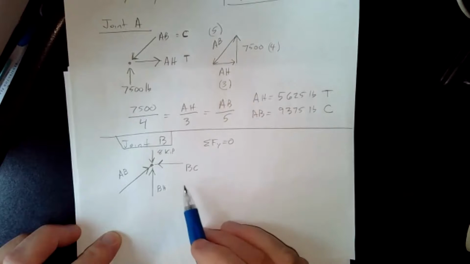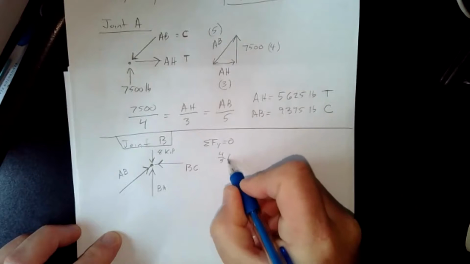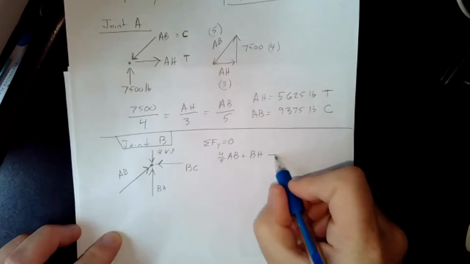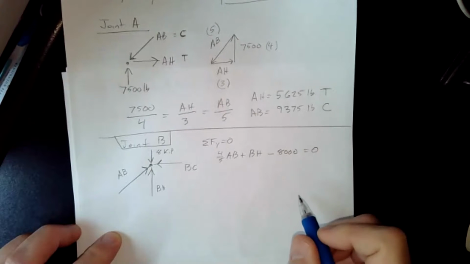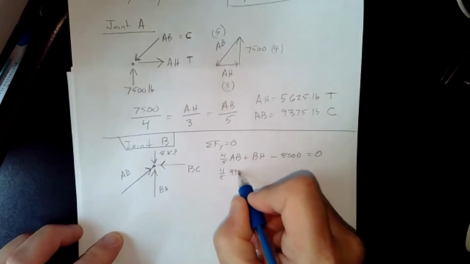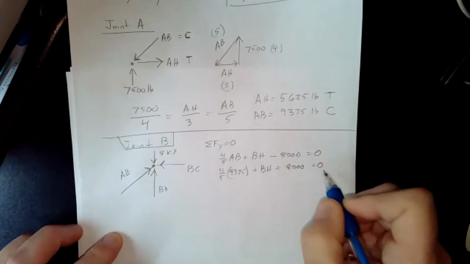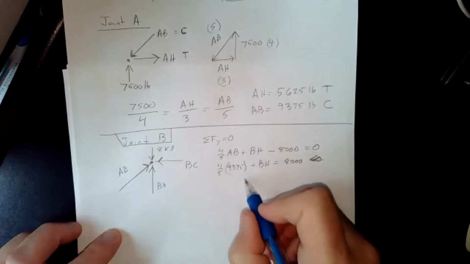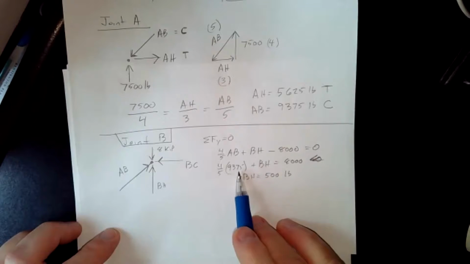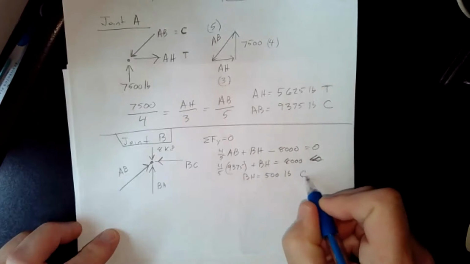Since this is a 3, 4, 5 triangle, 4/5 of AB is going up, and I add that to BH, then subtract the 8,000, and that equals 0. Substituting in 9375: 4/5 times 9375 plus BH equals 8,000. 4/5 of 9375 is 7,500, so that gives me 500 residual. So BH is 500 pounds in compression.